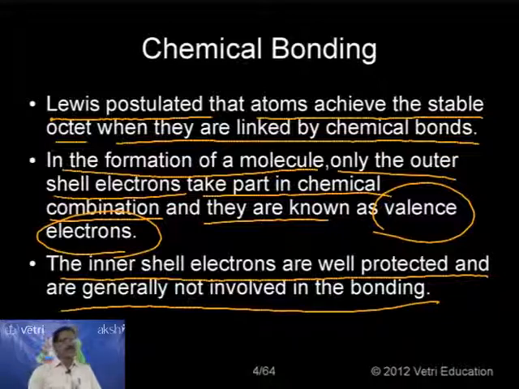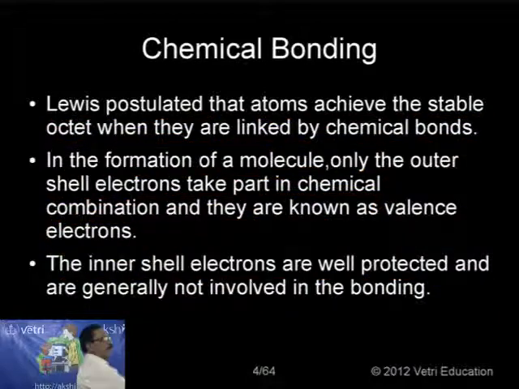So in order to understand chemical bonding, this is the basic idea given by Lewis and Kossel. According to them, we have to consider only valency electrons. Valency electrons are responsible for chemical bonding, whereas inner shell electrons are well protected, they are not generally involved in the bonding. This is the information I just want to give.